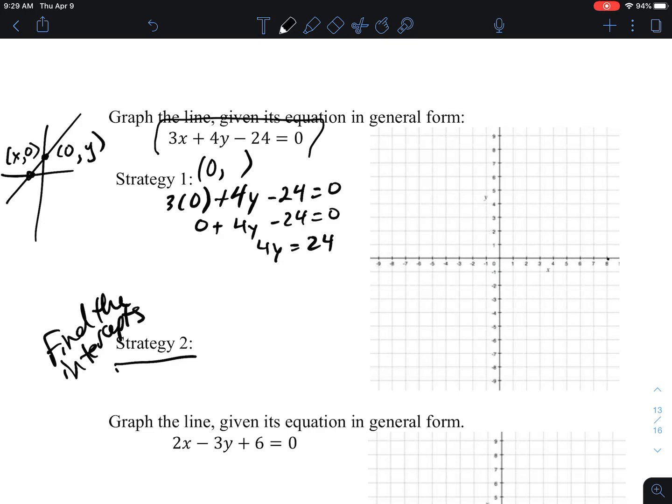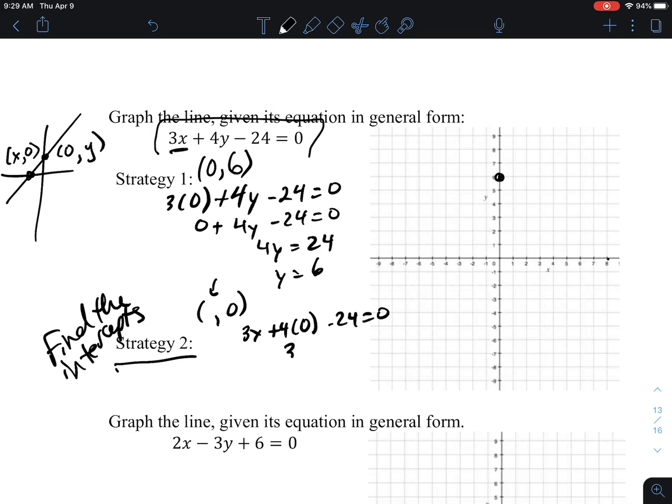So 0 plus 4y minus 24 is 0. 4y is 24. y is 6. So that gives me a point, the point 0, 6. That's up here. And now I'm going to repeat that calculation, but this time, instead of making x 0, I'm going to make y 0 and see what this comes out as.